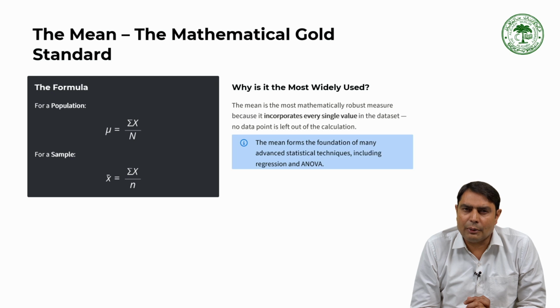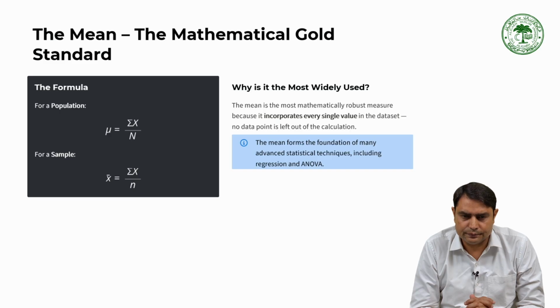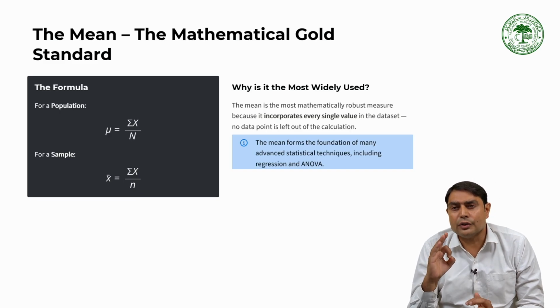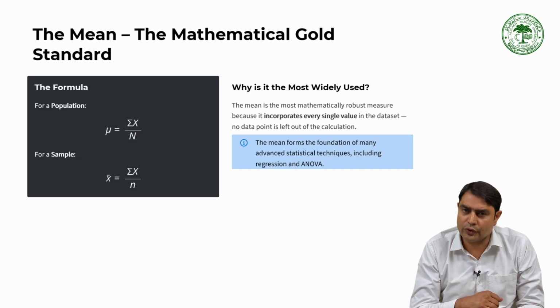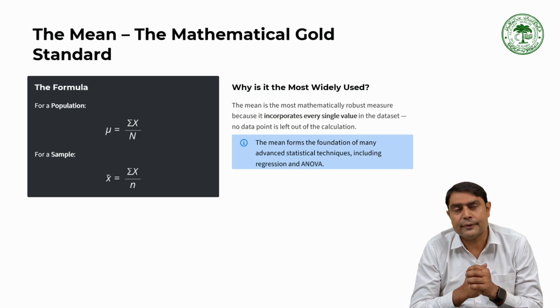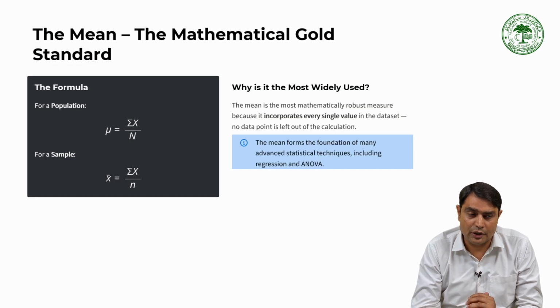Moving ahead, let us talk about the mean first. Mean is a mathematical gold standard, which is the most common measure of central tendency, usually in finance or business. Mean is considered one of the preferred measures of central tendency, because most of the time we are dealing with quantitative data.